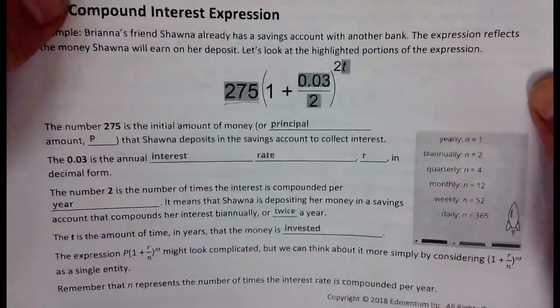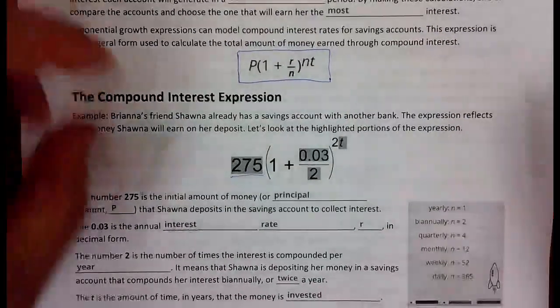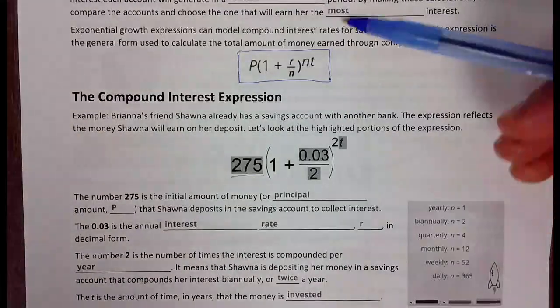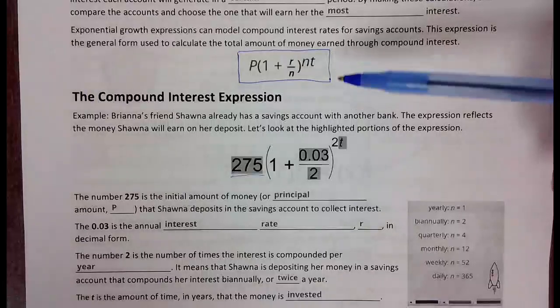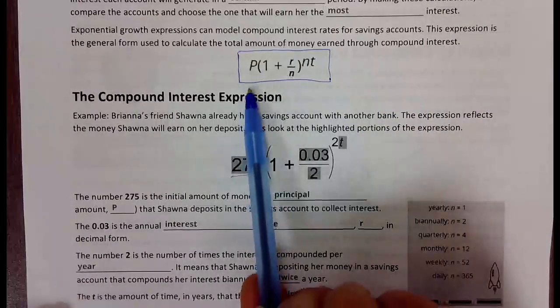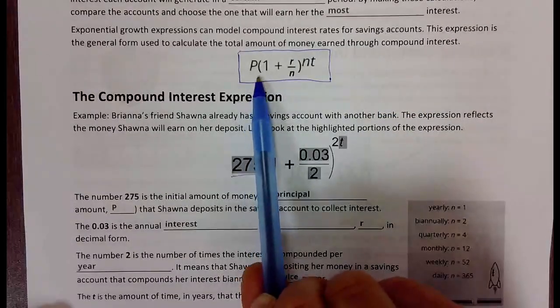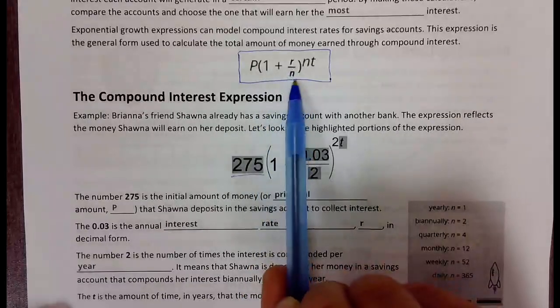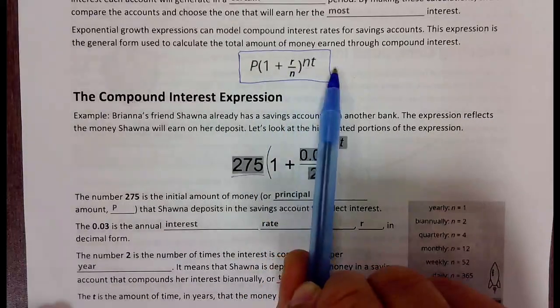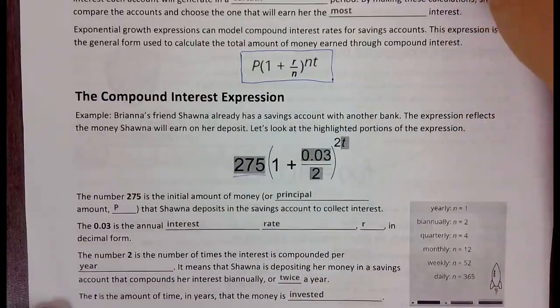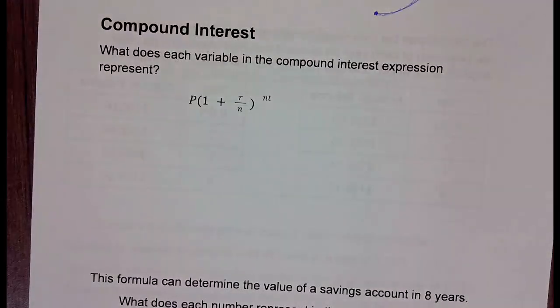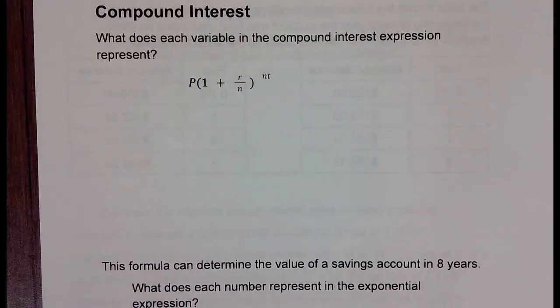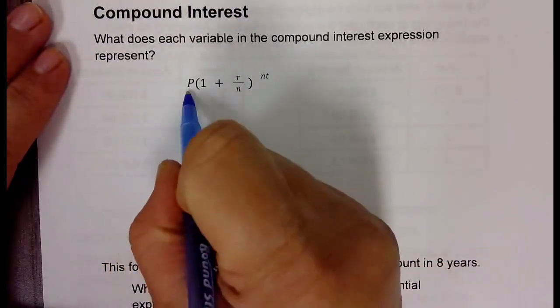And this is the equation specifically for compound interest, that expression. So same thing, P times 1 plus r divided by n to the power of n times t. So the question is asking us, what does each variable in the compound expression represent? So I'm going to go through each one.